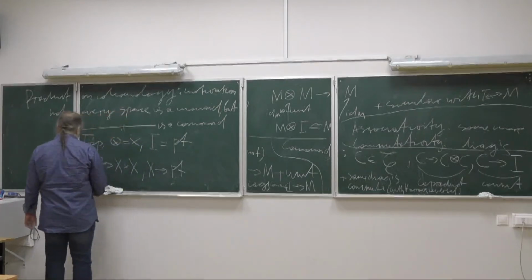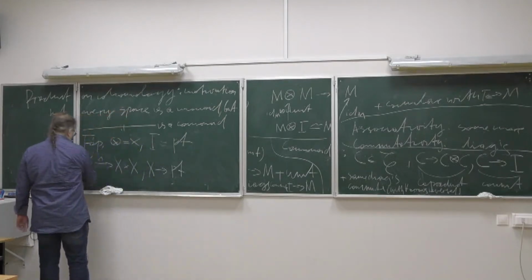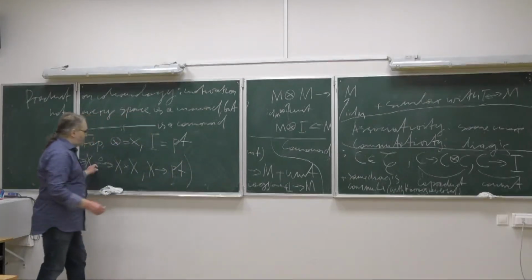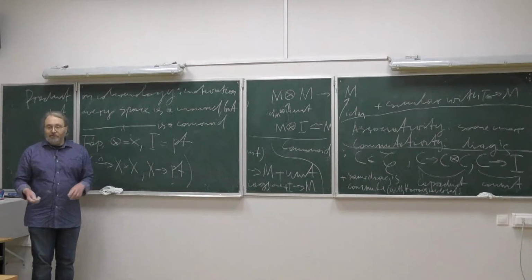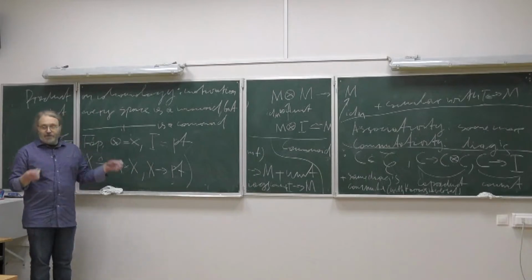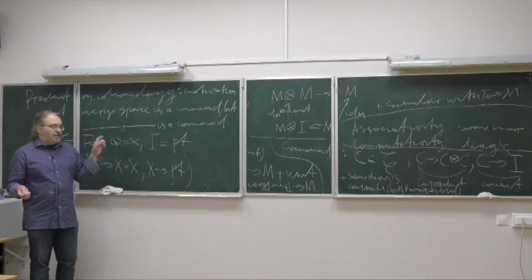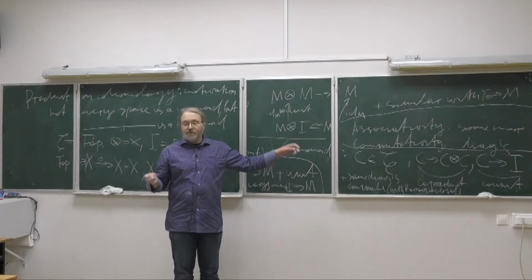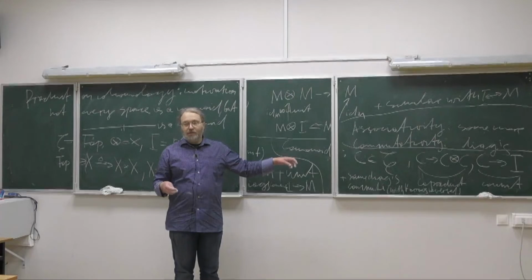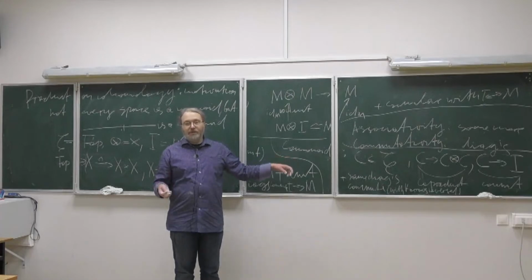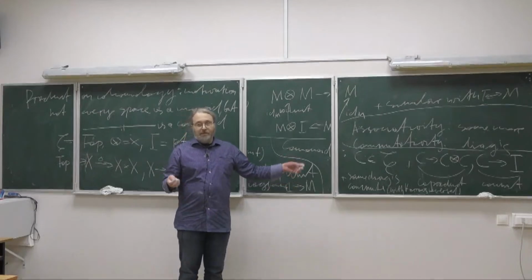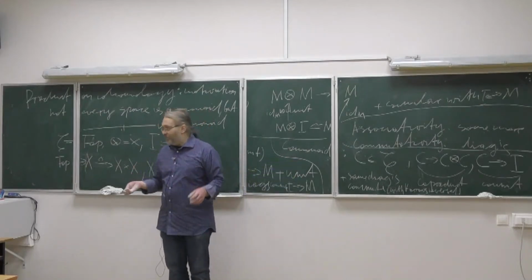So this data makes x into an associative, in the monoidal case, there is always a co. So instead of associative monoids, we talk about co-associative comonoids, and the same with commutativity.